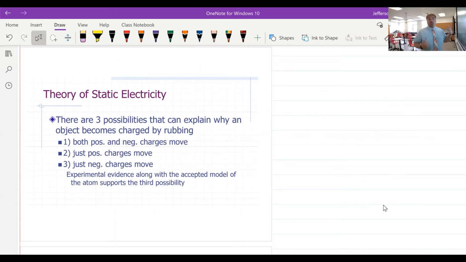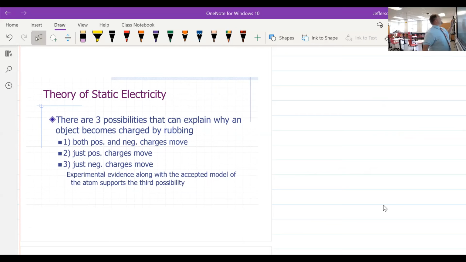Okay? Now, what Ben Franklin looked at was that there were actually three possibilities as to why these things would gain or lose that ether. We're going to look at it in terms of our modern understanding and explain it.